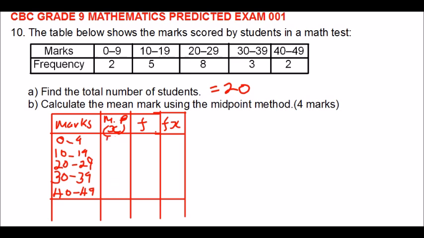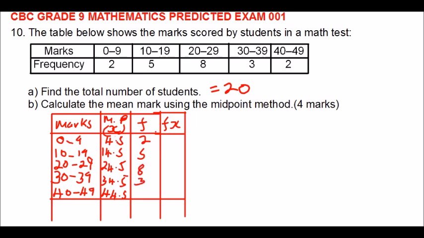We have identified our midpoint here is 4.5, 14.5, 24.5, 34.5 and 44.5. Then we have the frequency. This is 2, 5, 8, 3, 2.